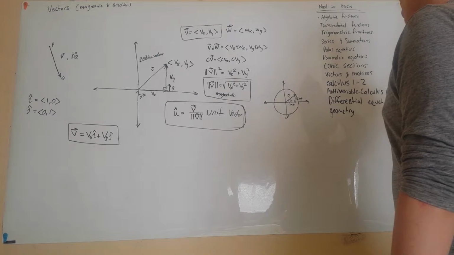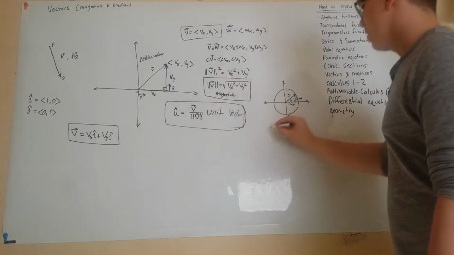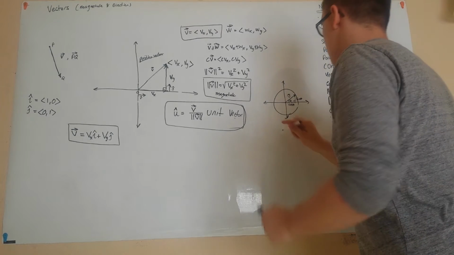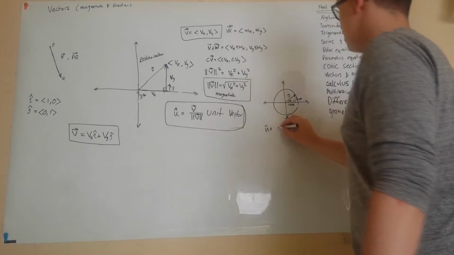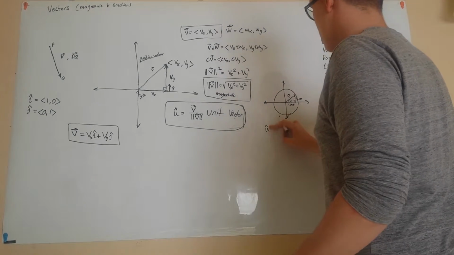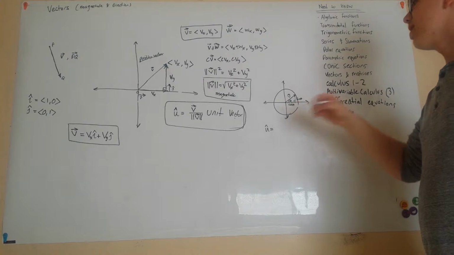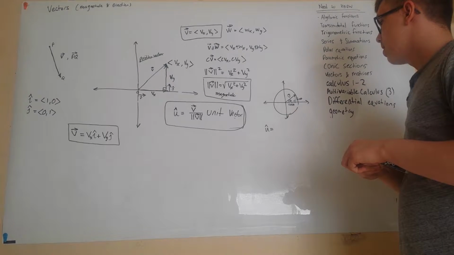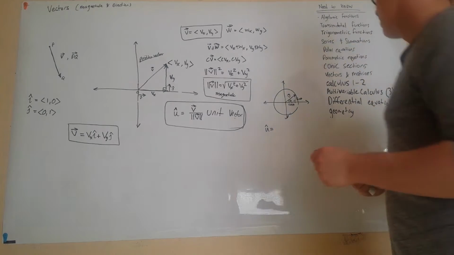Well, if our unit vector can be described as the sum of our i's and j's, basically what I'm trying to say is this.